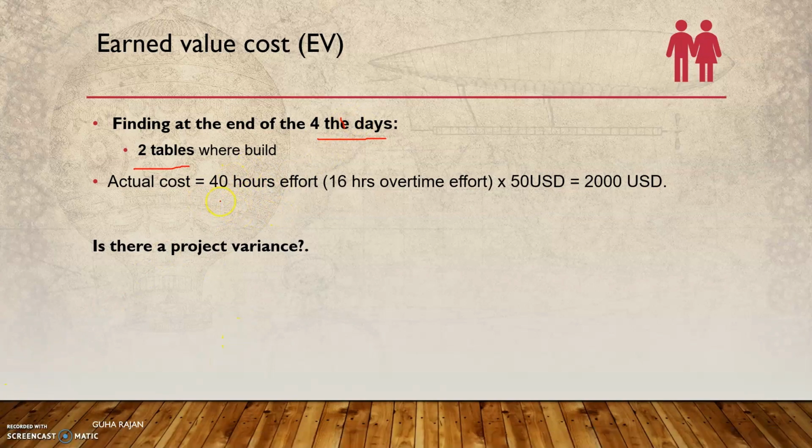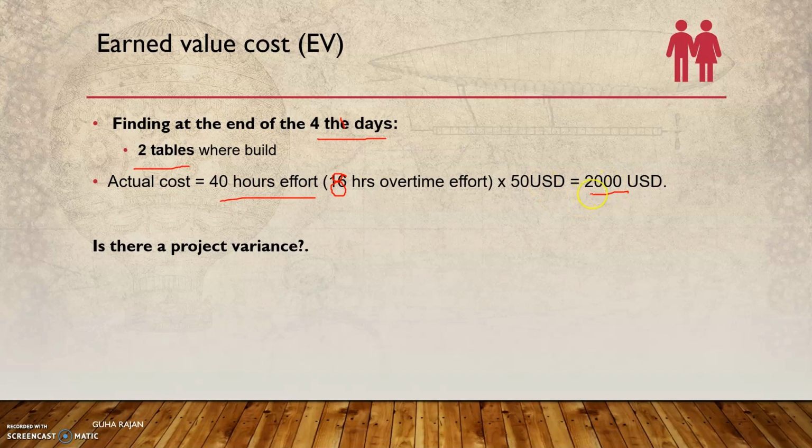Instead of 32 hours, they have consumed 40 hours. So that is about 8 hours of overtime at $50, and that means 2000 USD. Instead of 8 hours per day, 32 hours should be there, but they have consumed 40 hours.